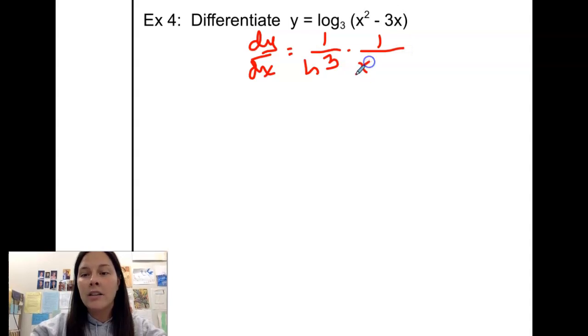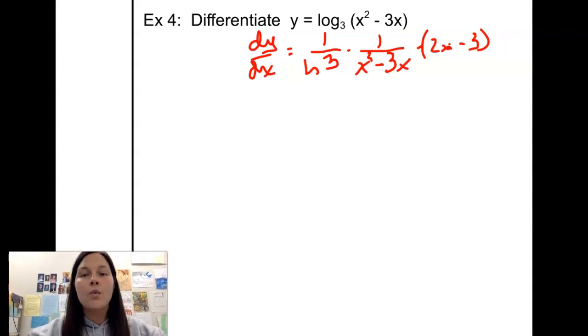So we've got that x squared minus 3x times chain rule, the derivative of what's inside. So the derivative of x squared is 2x. The derivative of negative 3x is negative 3.